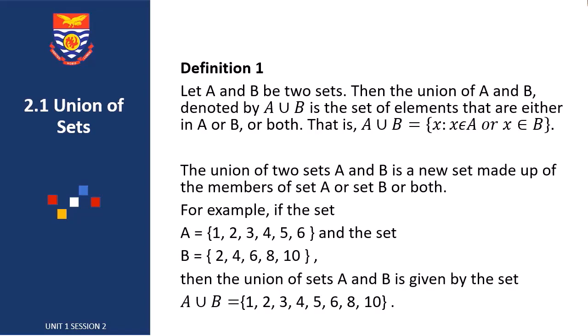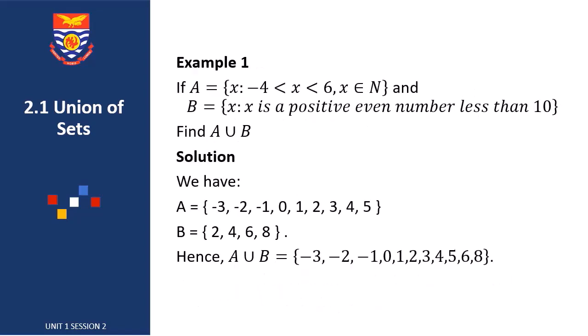You notice that 2, 4, and 6 are found in both sets, but they are written once in the new set. You can now get 3 sets of your own and find the union of these 3 sets and discuss the answer with your colleagues. Let's continue to look at union of sets, and we will consider an example.